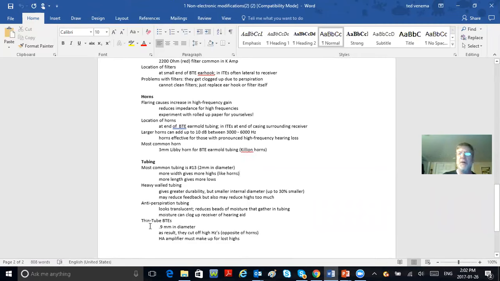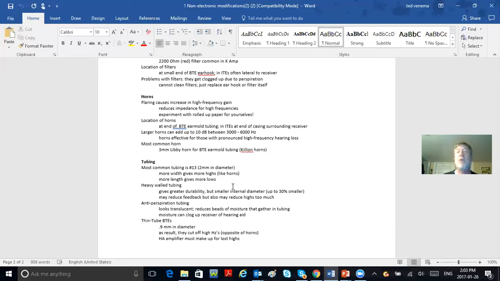So slightly less than half the diameter of regular number 13 tubing used for higher power BTEs. The horn effect isn't really used that much anymore because today's hearing aids are digital and they're very, very flexible. But today was just meant to give you an overview of non-electronic acoustic modifications.